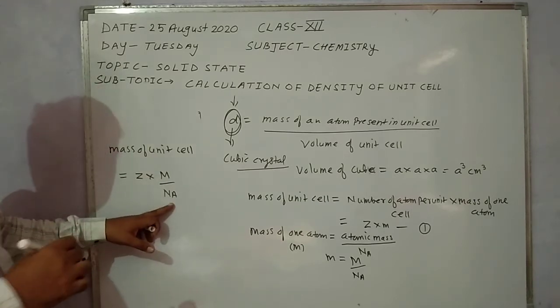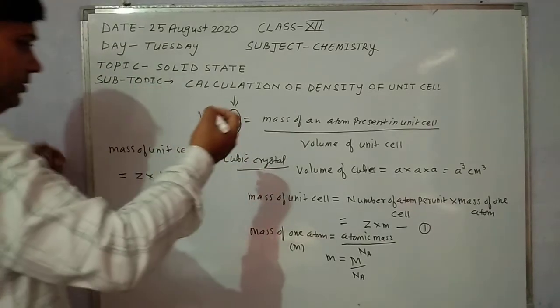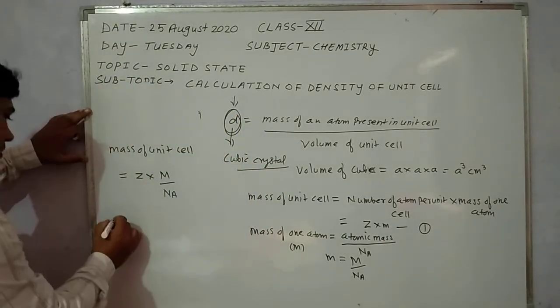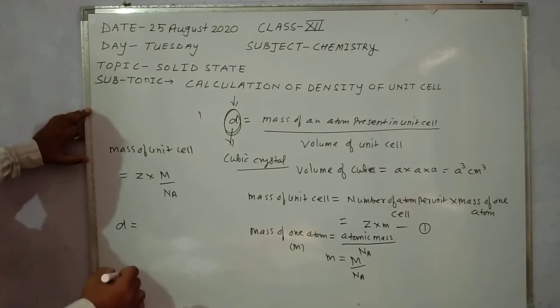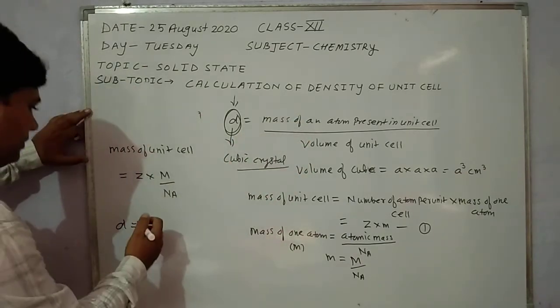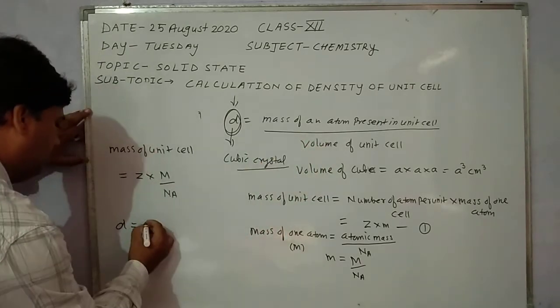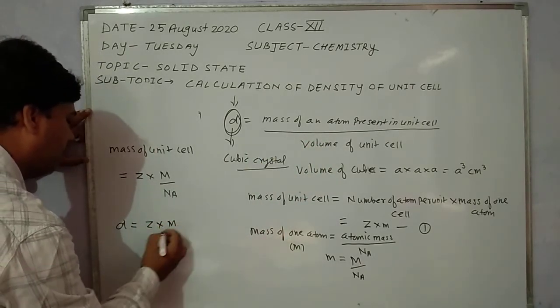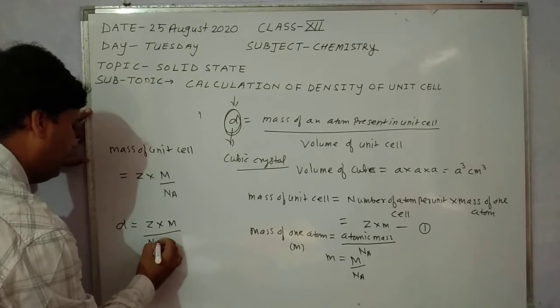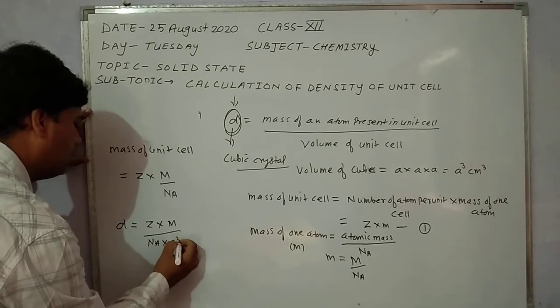So density of unit cell is equal to mass of atoms divided by volume of unit cell. Mass is Z into M divided by Na, and volume is a cube.